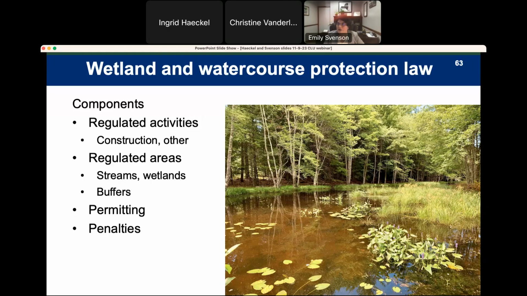You can include streams, wetlands, vernal pools, anything that is important in your community. And then you can choose what size buffer you want to protect around those regulated resources. You can also set up a permitting process for if development does need to occur in those areas. And you can also set your own penalties if you want for what will happen if someone violates that law.